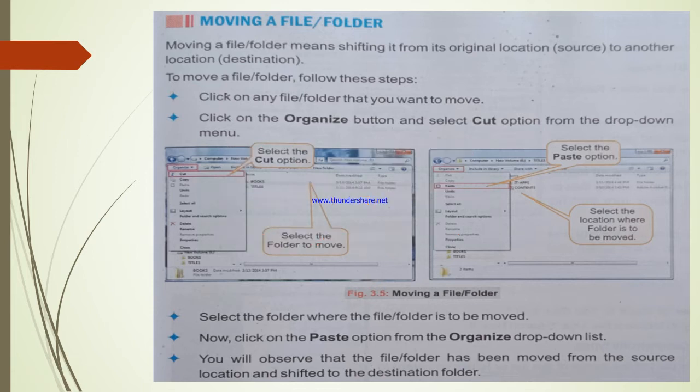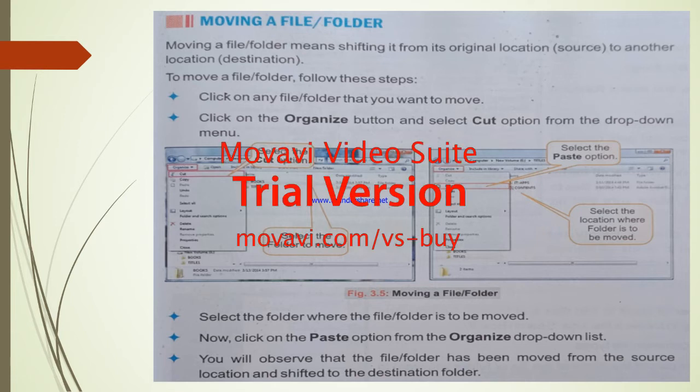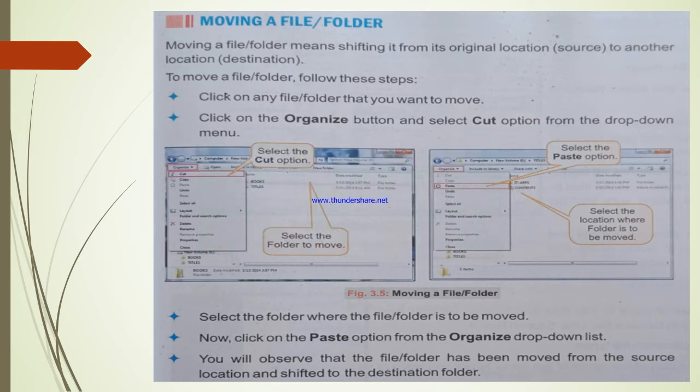Select the folder where the file or a folder is to be moved. Now click on the Paste option from the Organize drop-down list. You will observe that the file or a folder has been moved from the source location and shifted to destination folder.